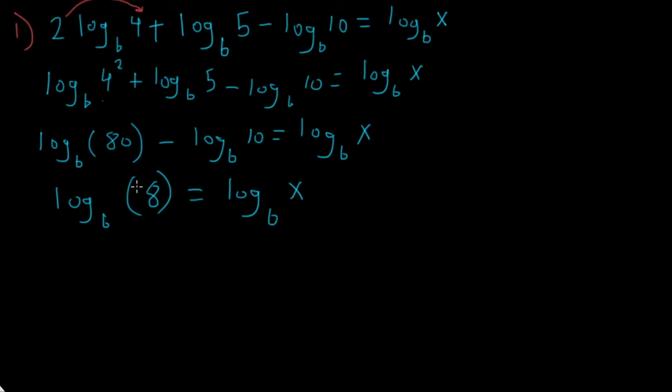What we have here is the same base. Again, this is the key with all these properties. So we have the same base, and then just two numbers, so that means we can say that this entity is equal to this. So x would just be 8. Log of 8 is equal to log of something. Well, that something has got to be just 8.